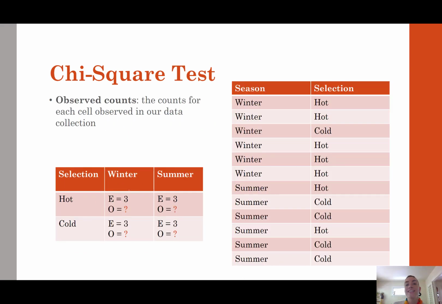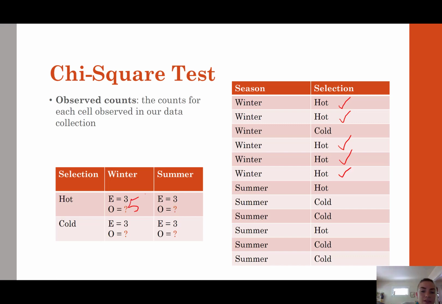So now that I know my expected counts under the null hypothesis, I want to take a look at my observed counts for each cell. So I just look at my raw data table and gather the information I need for my contingency table. So how many people ordered hot coffee in the winter? That looks like 5 people ordered hot coffee in the winter.